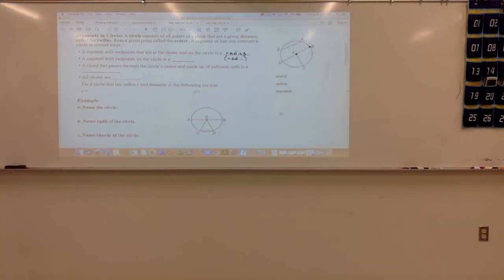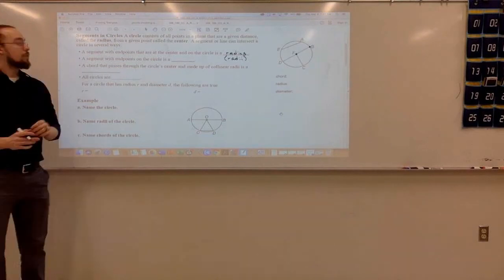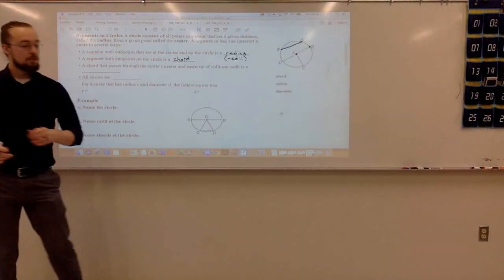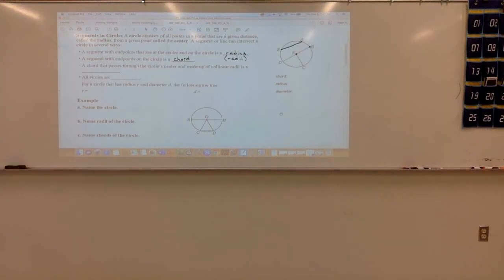Now, a segment with endpoints on the circle, like AE here, is called a chord. Then a special type of chord, one that passes through the center, is called a diameter.